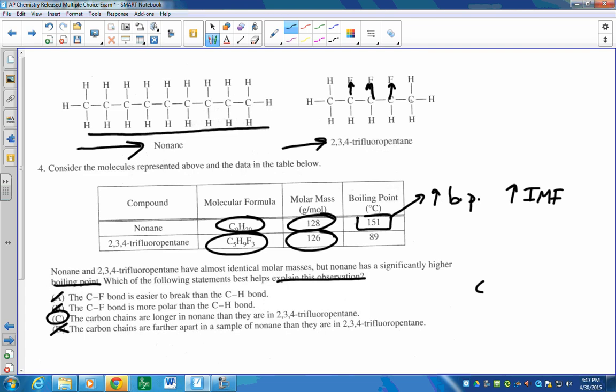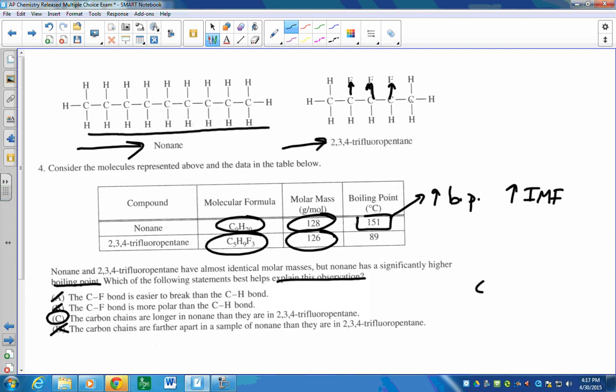It explains why, even though trifluoropentane is polar, nonane is so much longer, and when it interacts with the other molecules, even though it's nonpolar, it's so long that they tangle, and it's hard to get them to move away from each other, if that makes sense.